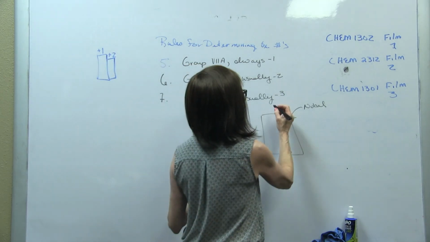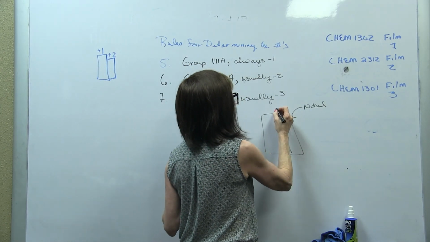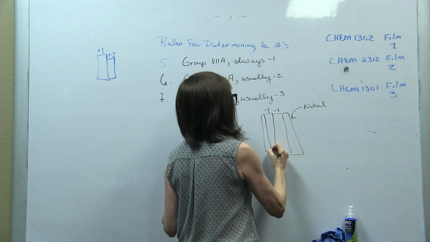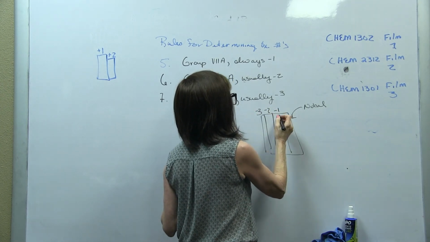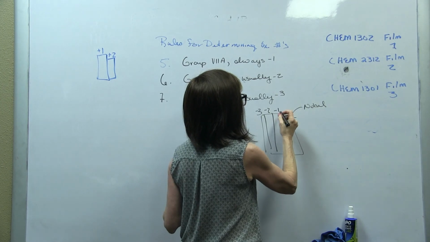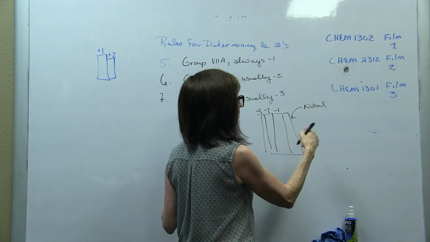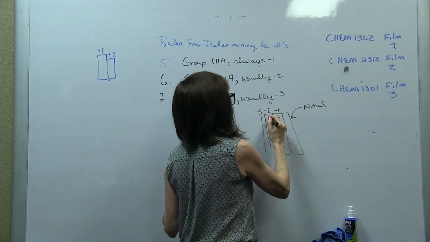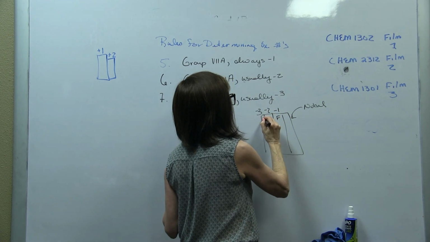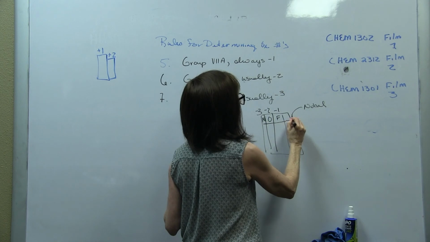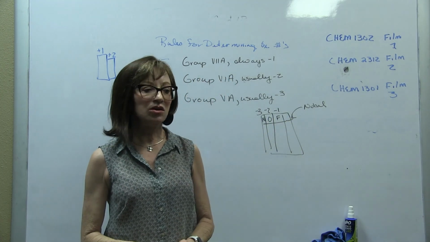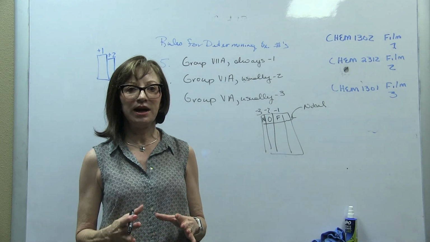So we'll go on to 7. So what I used to do at 7, I put -1. At 6, I put -2. At 5, I put -3. So here we're looking at fluorine, oxygen, nitrogen, if we're on the second row, obviously. Okay, so you can do that, and that'll help you.